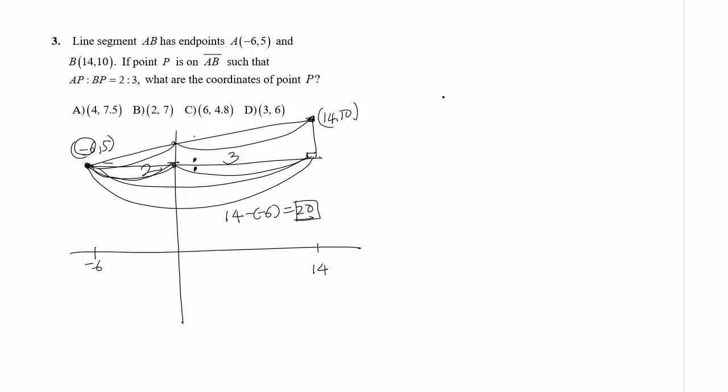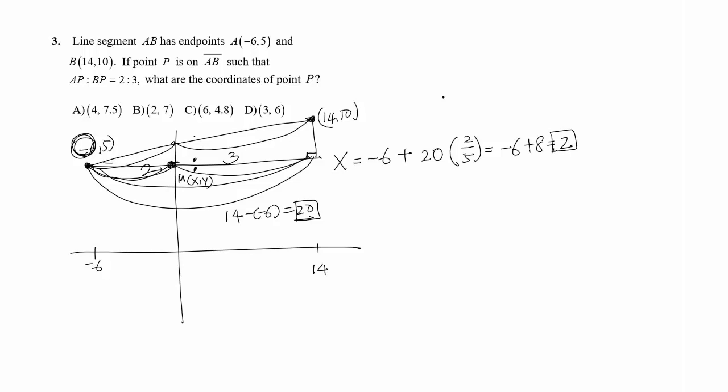So the point over here, x and y, x is what? X is, we start from this point, negative 6 plus 20 times, we take only 2 out of 5, okay? This is how much? Negative 6 plus 8, which is 2, right?